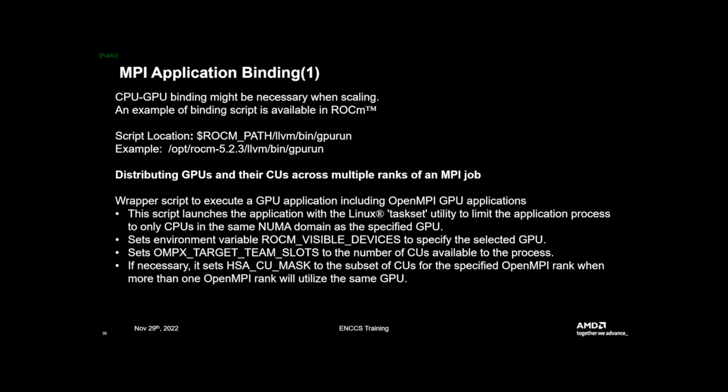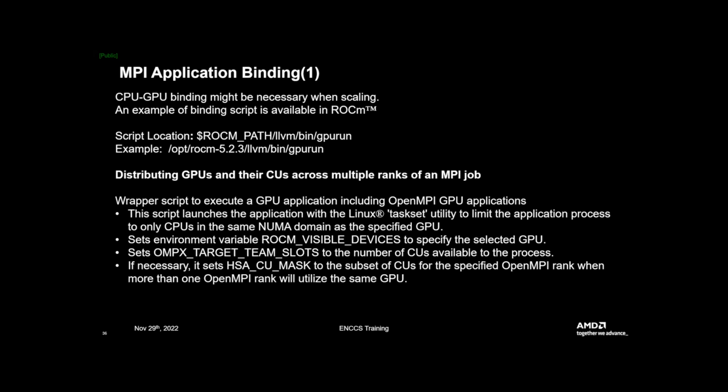So how this works is that the application is in charge of distributing GPUs and compute units across multiple ranks of the MPI job. It uses the taskset utility to limit the application process to only CPUs in the same NUMA domain as the specific GPU. You can check the NUMA domain by yourself with lscpu.